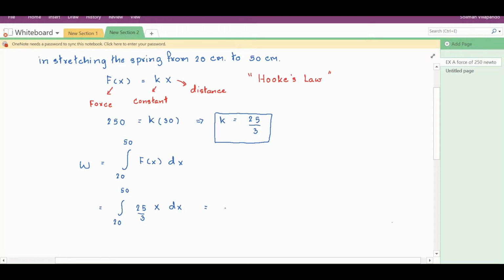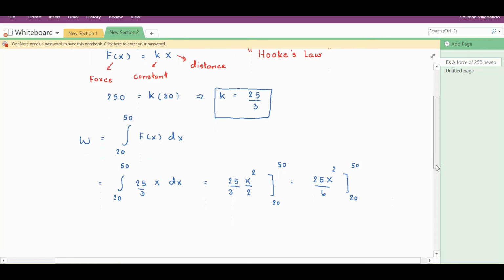Alright, so I'm going to have 25 over 3 times x squared over 2. The lower bound will be 20 and the upper bound will be 50. Let's rewrite this. This is 25 x squared over 6, from 20 to 50.